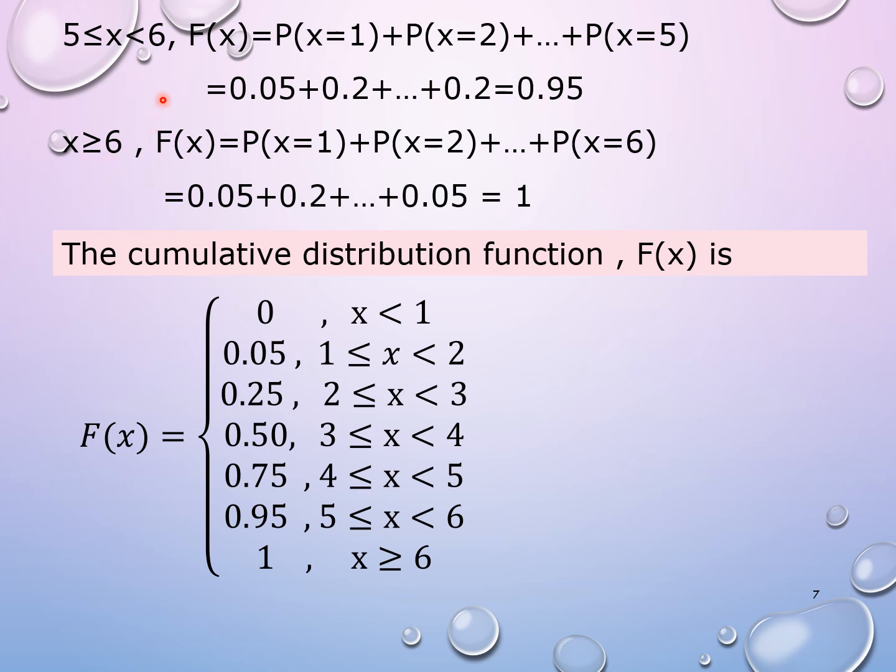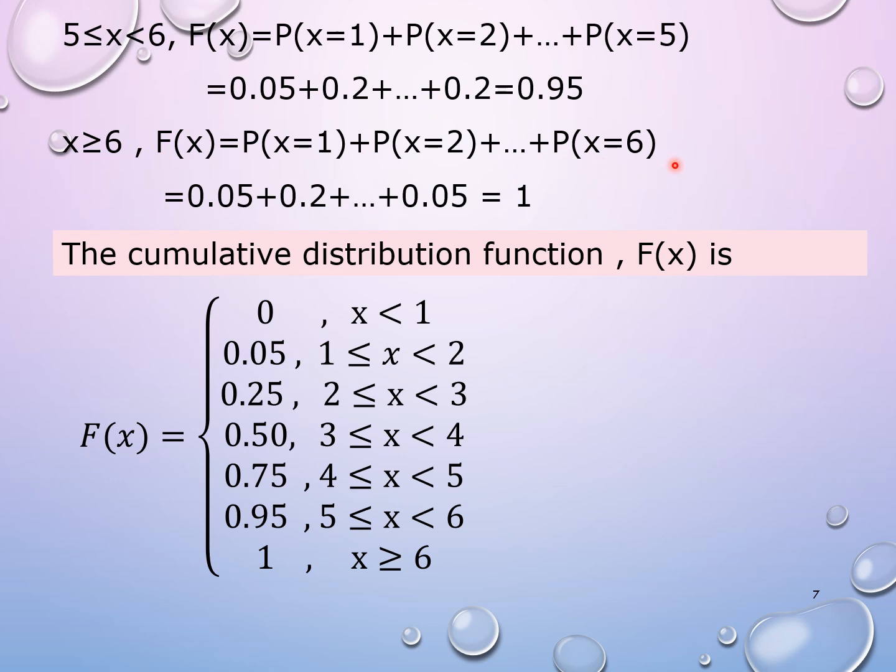Then for the last one, we have x greater than or equal to 6. Why is it different with this sign over here? It's because 6 is the last number we have in the probability given. So it should be written in this form, x greater than or equal to 6, which means you have to sum up all the probabilities previously: probability x equal to 1, probability x equal to 2, 3, 4, 5, and 6.